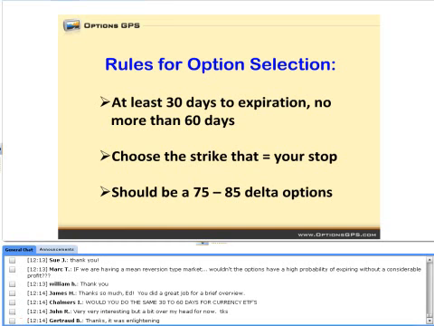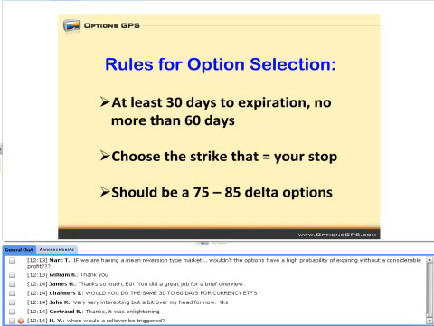So yes, you may make a little less, but the idea is that you're willing to sacrifice a little profit if the option stays in one place in order to better your risk management and improve your return on investment.